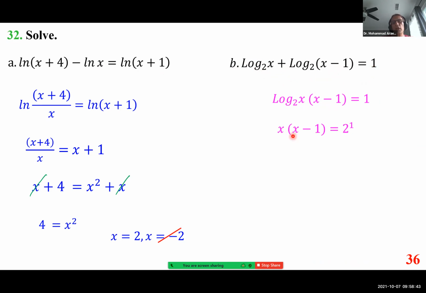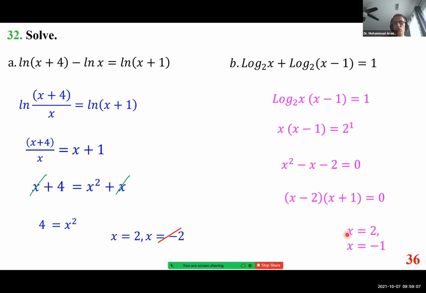This is x squared minus x. You move the 2. So one more time, x times x is x squared. x times minus 1 is minus x. You move the 2. And this is an easy factor. So we factor into x minus 2 times x plus 1. x is either 2 or negative 1.